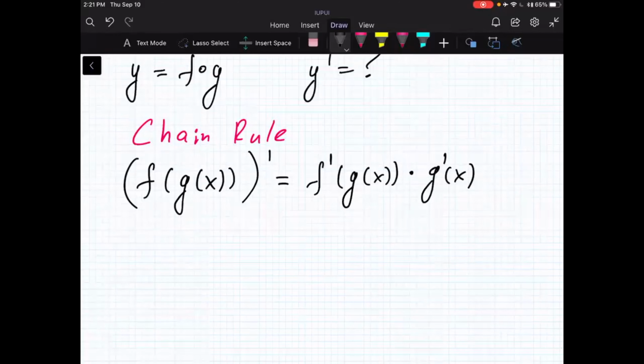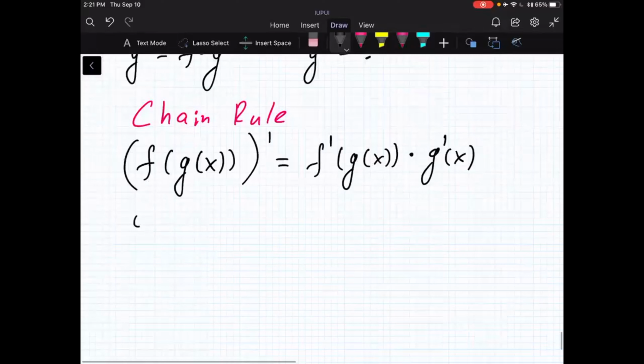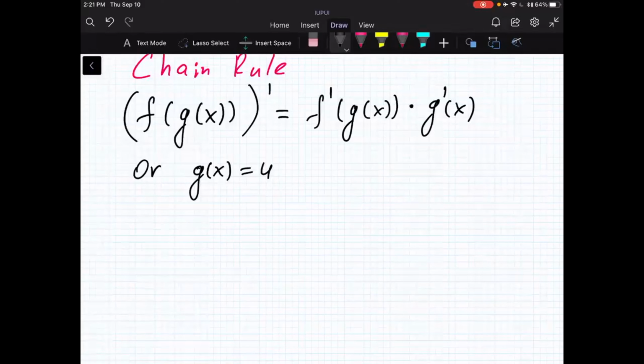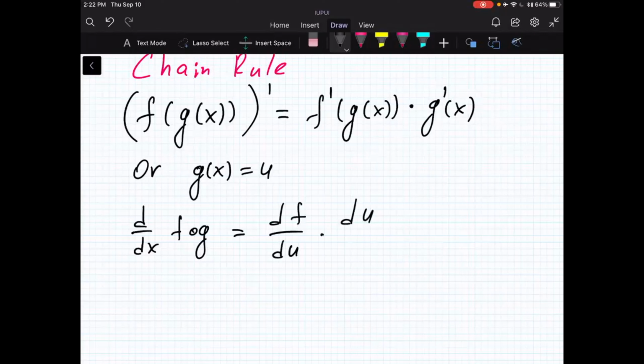Or in other words, if you denote g of x as, say, u, then you can write it in the following way: d over dx of f composed with g is equal to df over du times du over dx.